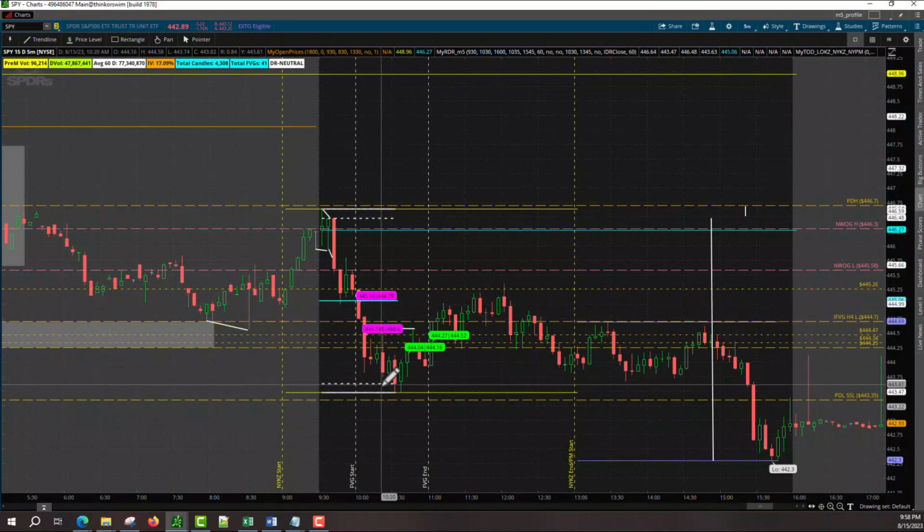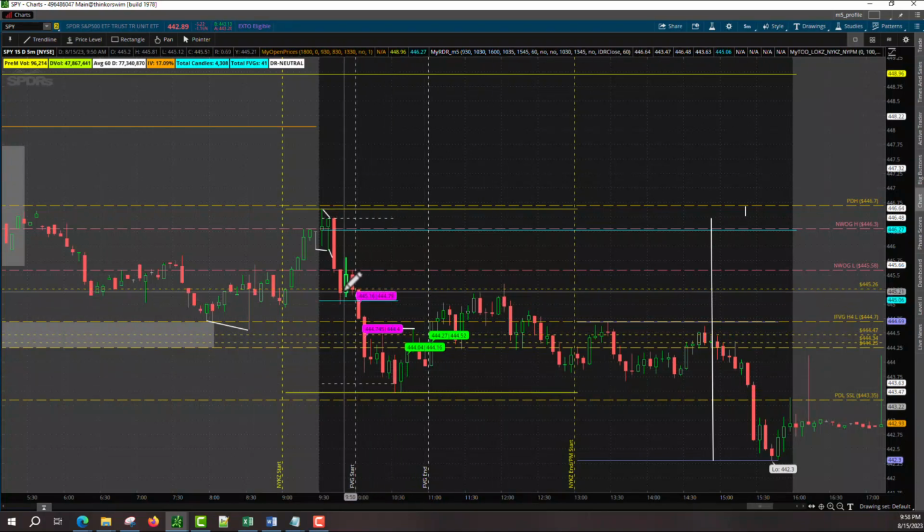You see the DR model right there? Even though we don't have a confirmation yet, we don't have the close below the IDR low, however, it gives you the pattern right there. You see the setup. When it retests the mid-range of the DR and falls into a breaker with a fair value gap right there, then it gives you a very high quality setup, between the ICT concept and the DR model. That's the beautiful integration right there.